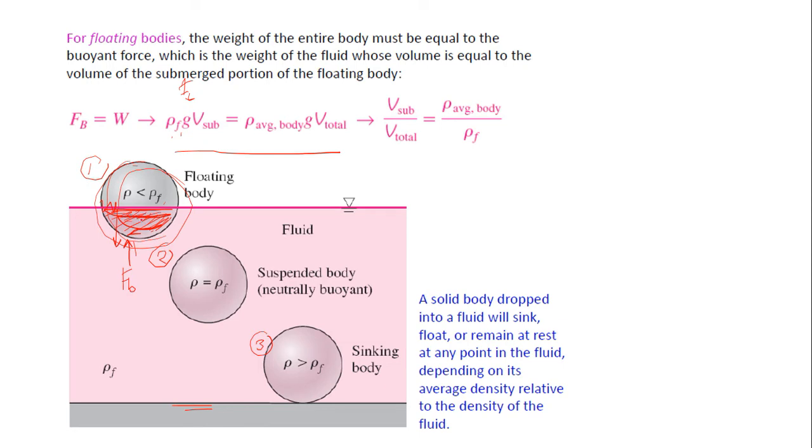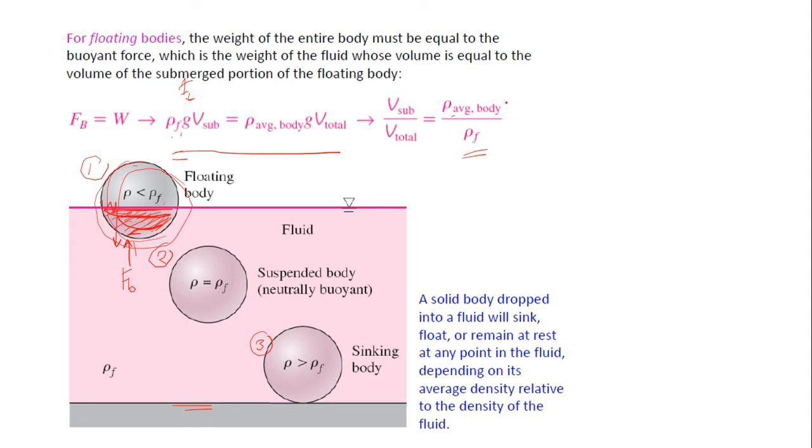Okay, because it's floating, FB is equal to W. So it will give you this equation, and if you rearrange it, the volume of the submerged portion divided by the volume of the total object is equal to the rho of the body divided by the rho of the fluid.